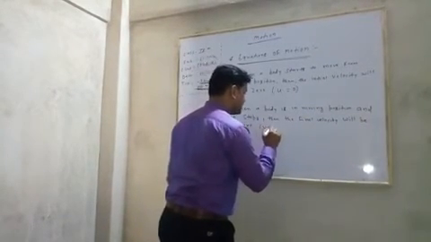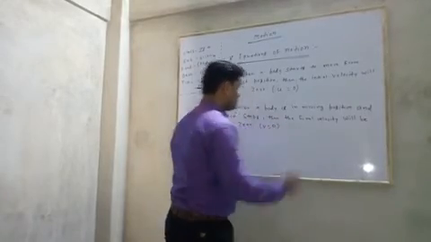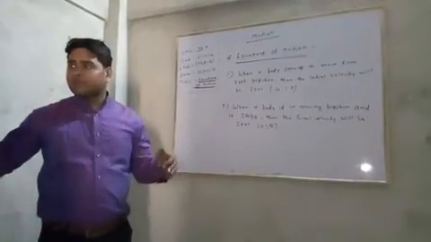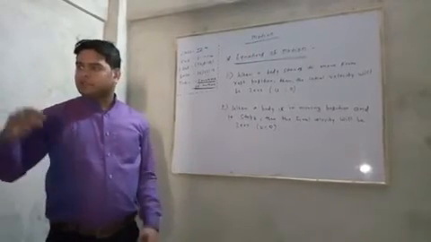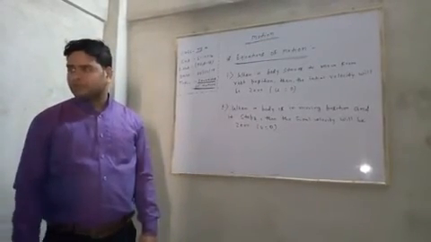Yes, we can write simply V is equal to 0. When a body is in moving position and it stops directly, then its final velocity will be 0.